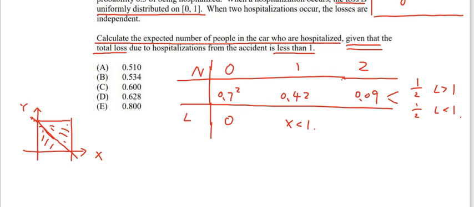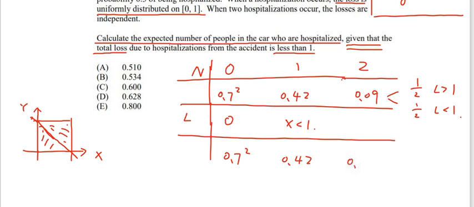So the condition is that total loss is less than 1. So we have this probability: here is 0.7 squared, here is 0.42, so both cases have total loss less than 1. But here we cannot take all, we just take half.